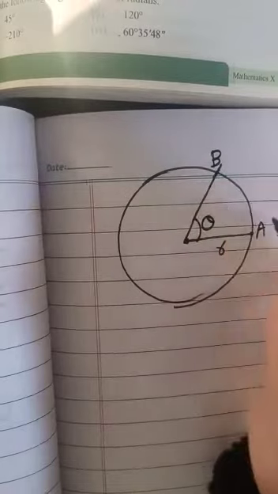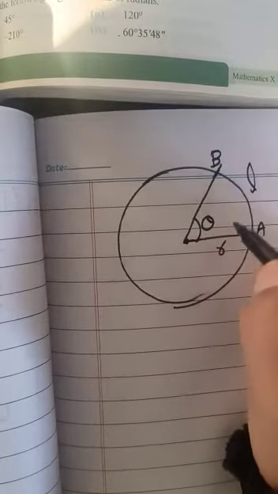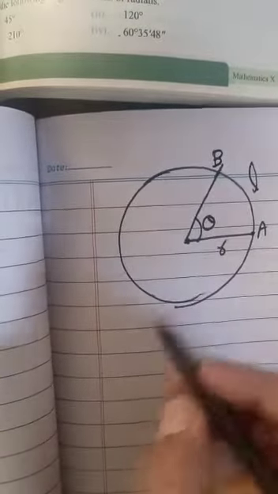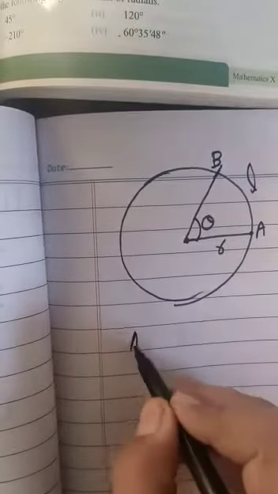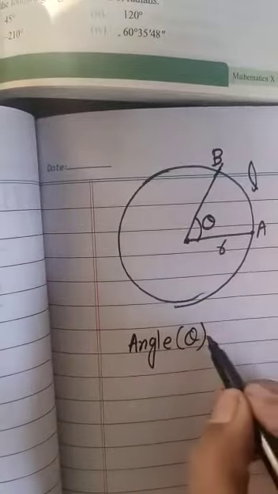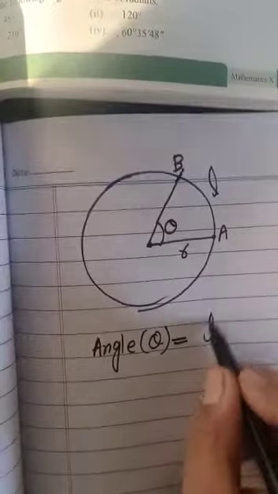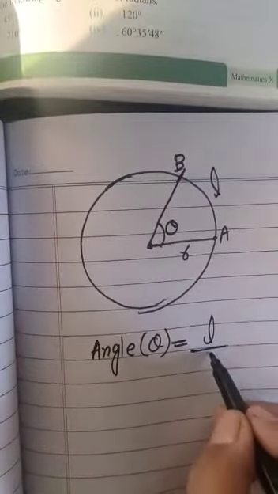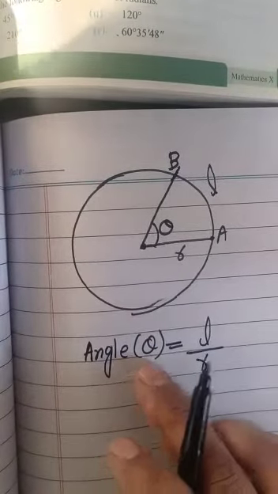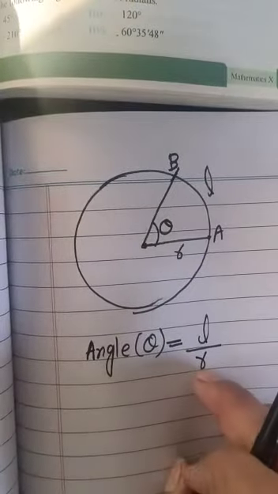It is the part of the circle, and this part of the circle is also known as the length of the arc. Now we have the formula that this angle theta at the center of the circle is equal to the length of the arc divided by the radius of the circle. So this is the formula to find the angle in a circle when the length of the arc and the radius of the circle are given.